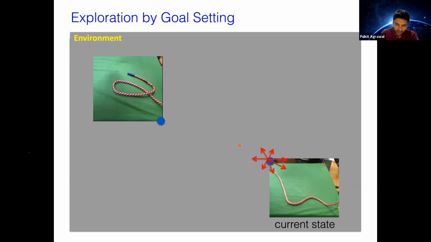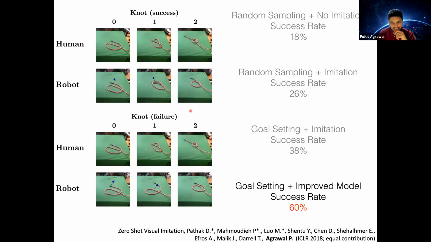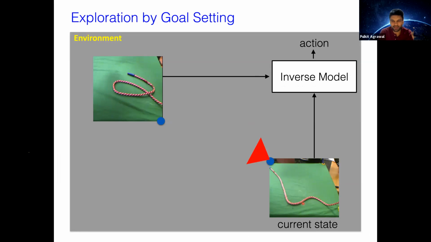So instead of performing any action, I can take these two images, put them in the inverse model, and hope that the inverse model is going to give me some actions which take me close towards the state which the human provided. And it turns out if you do some of these things, you can improve the performance even more, to 60% on this task.